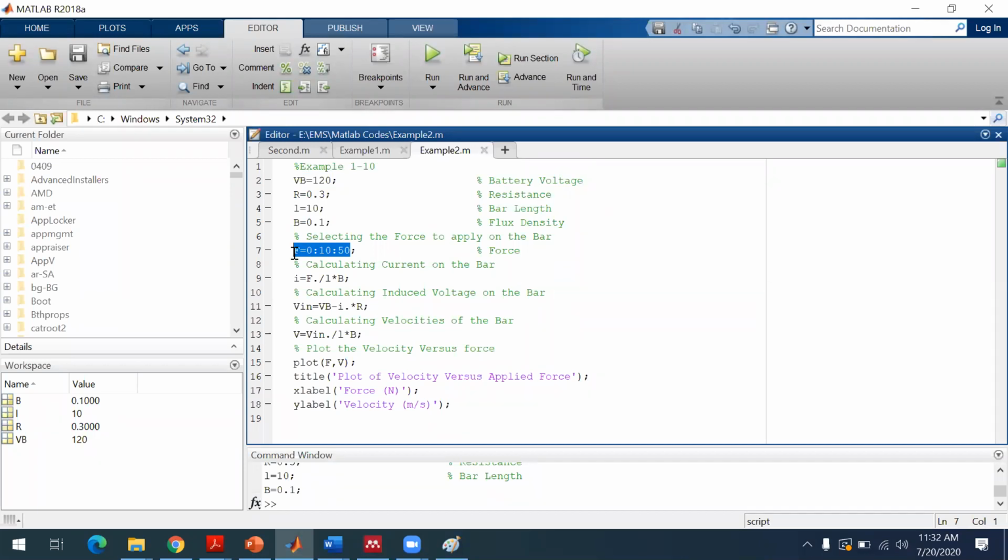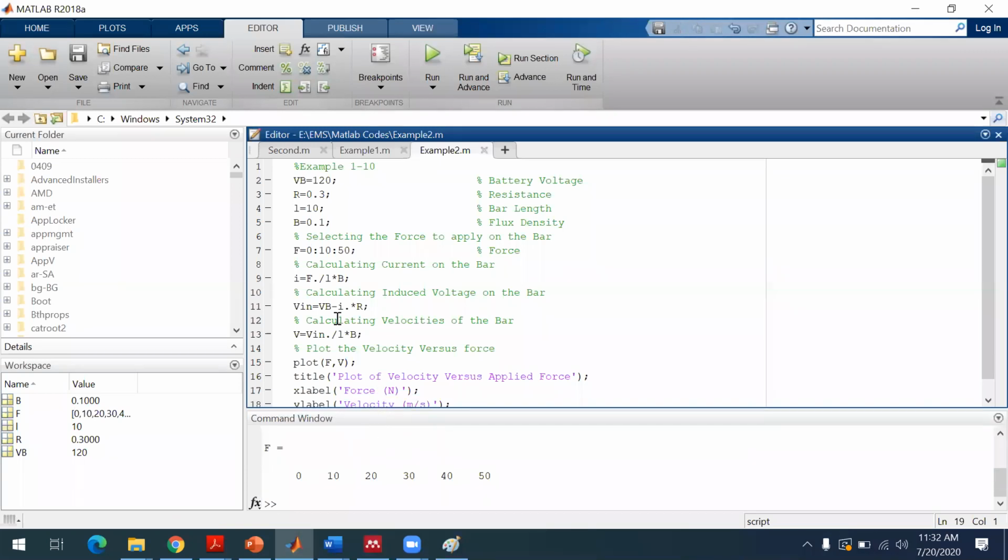The problem in the question was that force is applied at 10 Newton steps from 0 to 50. So basically this is the force applied. This command does that: first the force would be 0, then 10, then 20, then 30, then 40, and last but not the least is 50.